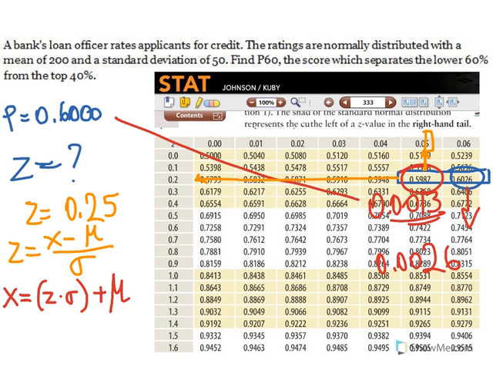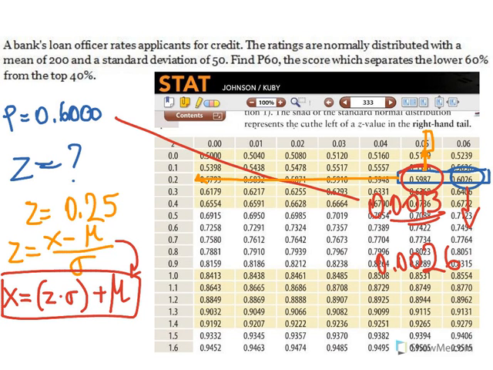Now, if you don't know how this goes into that, you probably need to refresh some concepts about algebra, or maybe see a tutor, or the Blackboard section. But if you don't need to do that, you just remember that this is the formula to find the x, or the value.